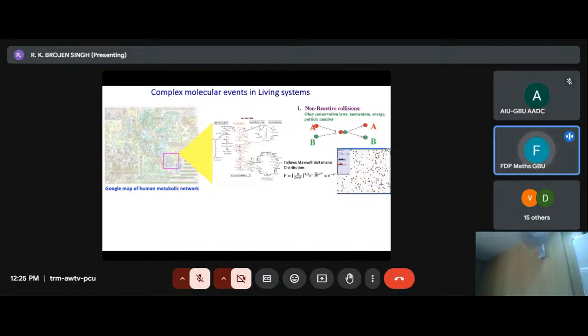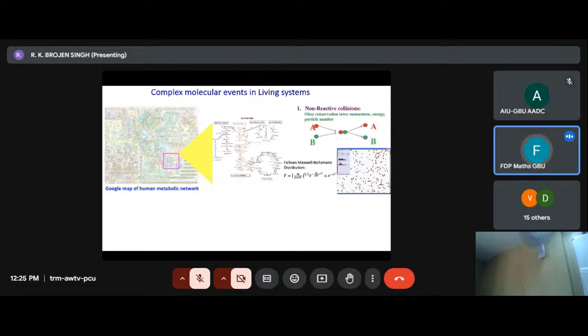But if these are very macroscopic particles, and the change in energy and the change in momentum are negligible, then they are elastic particles. Then they obey all the conservation laws: conservation of momentum, conservation of energy.